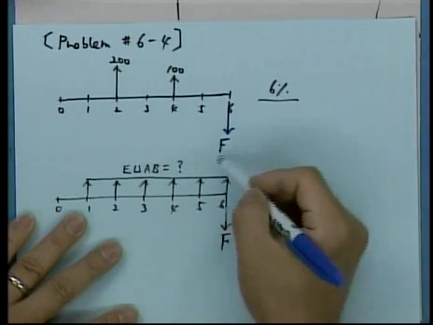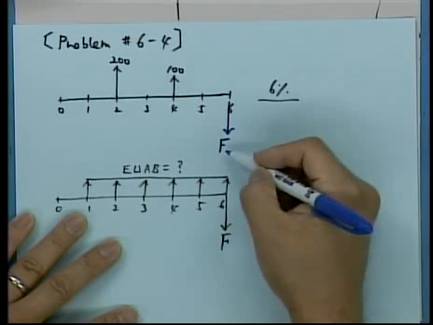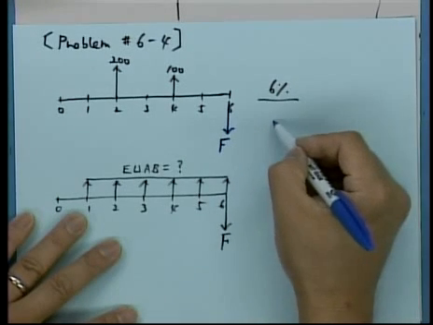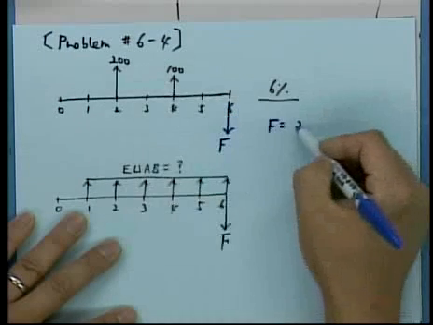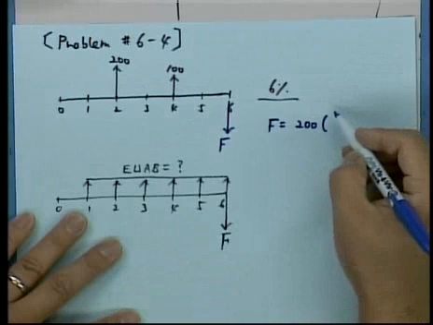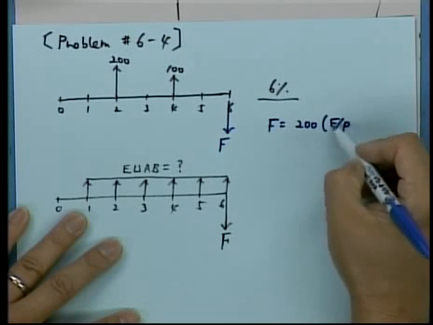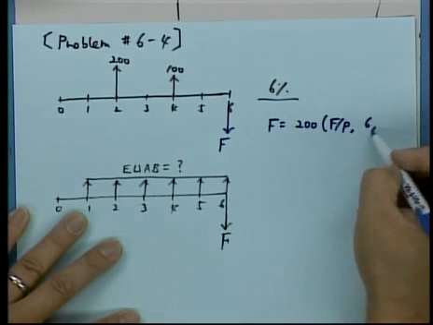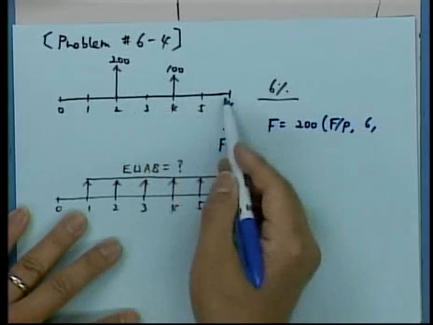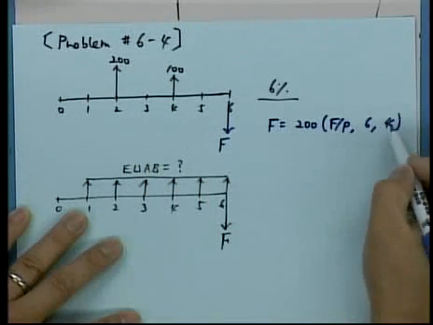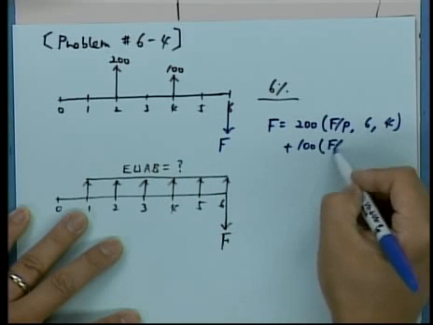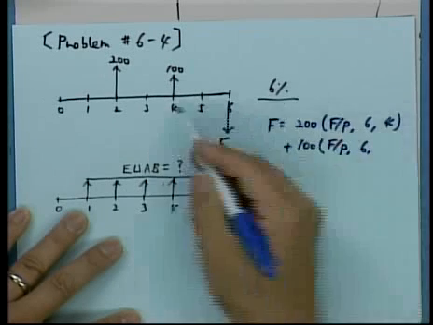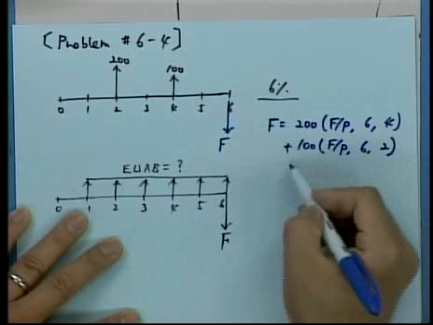So how would you get the future sum of money? F equals 200 times F given P, 6% over 4 periods, plus 100 times F given P, 6% over 2 periods.